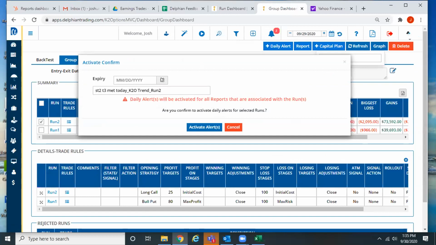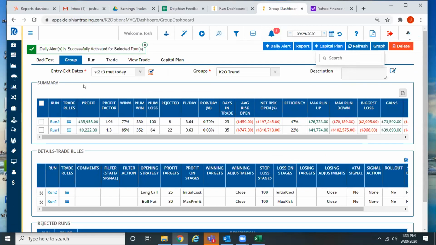You can put one in there if you want to. You can name it whatever you want. Once I hit activate, it's going to take that stock list and screen it every single day to see when that state 2, target 3 is met, and it'll populate the trade for me. So you can select.